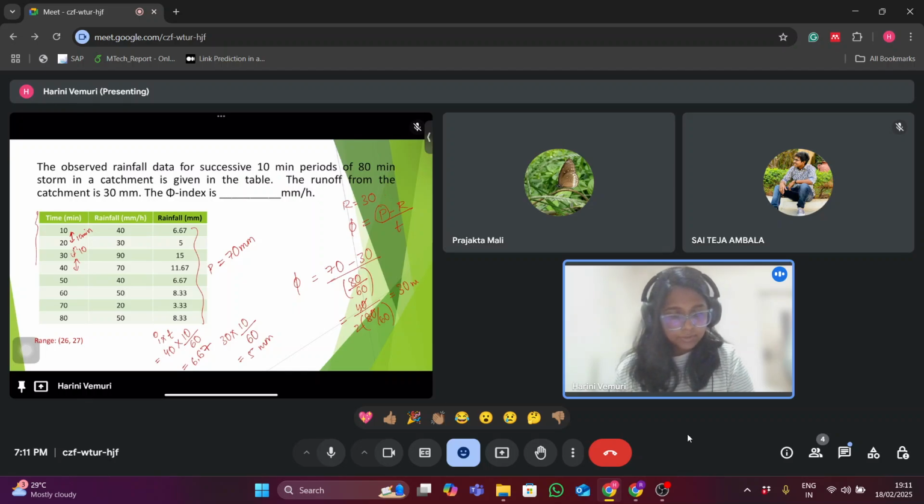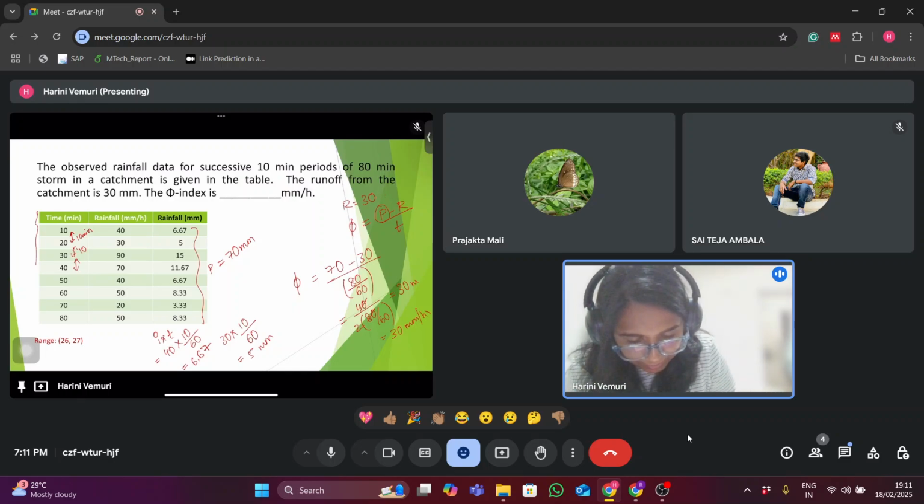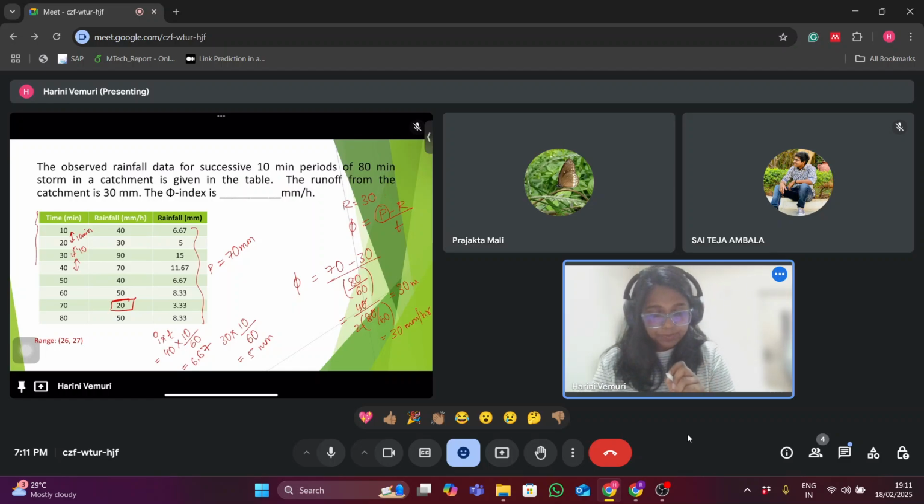So the total rainfall is 70 mm. 70 minus 30, divided by, that is 30 mm per hour. Since it is 30 mm per hour, and we can see that this rainfall intensity is less than 30 mm per hour, again we will calculate the total precipitation value.